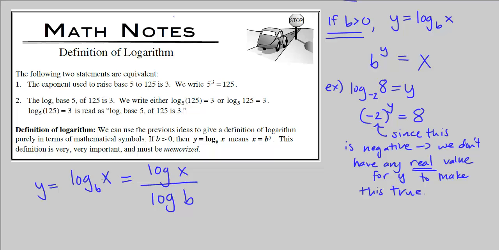Because right now it's base b, you can change it to base 10 by dividing the log of what you're taking the log of by the log of the old base.